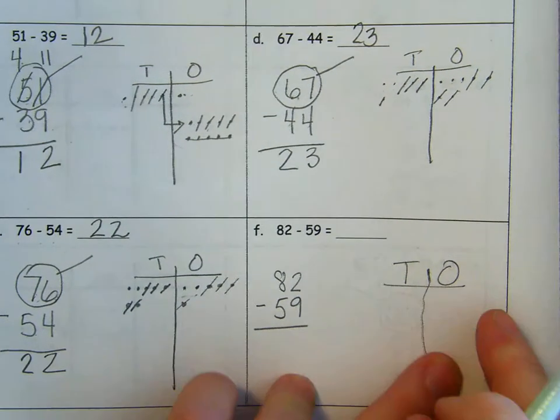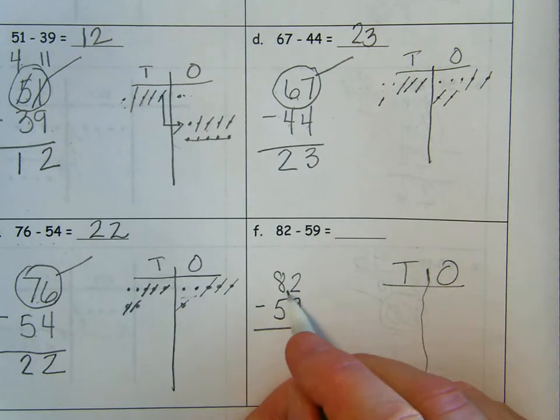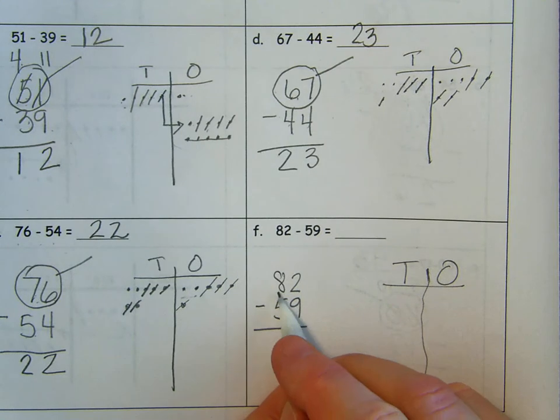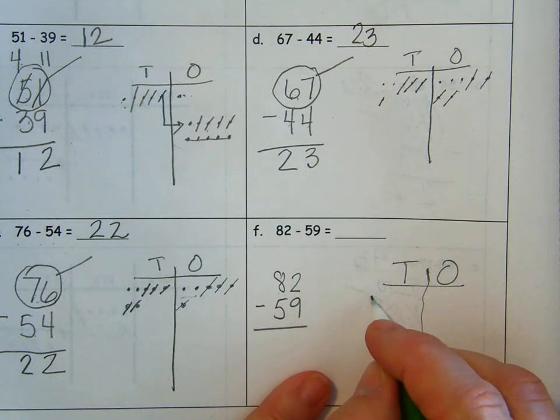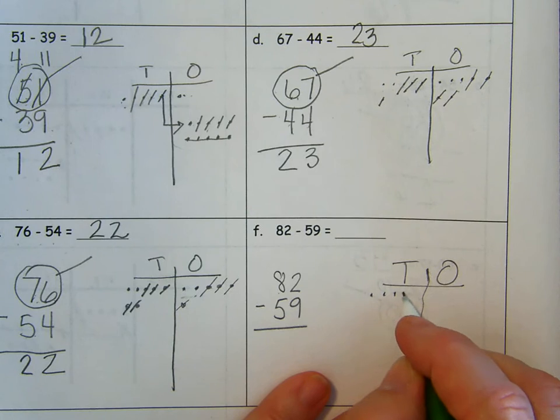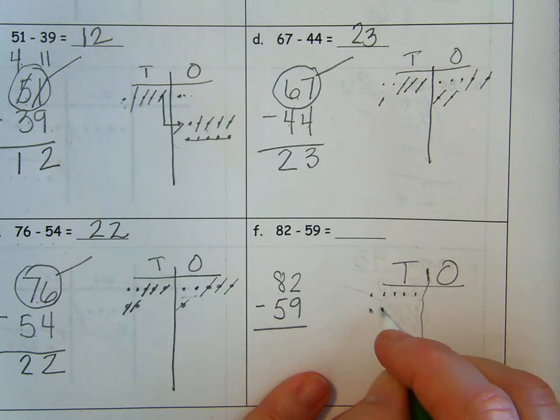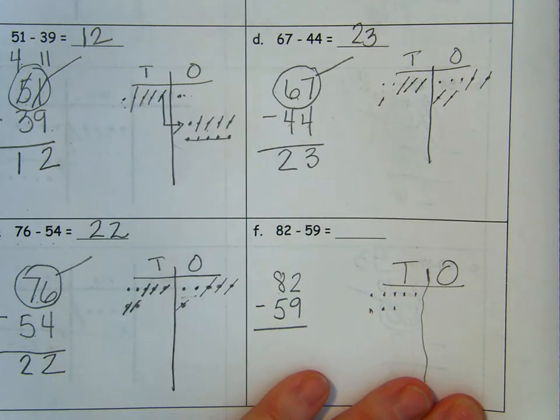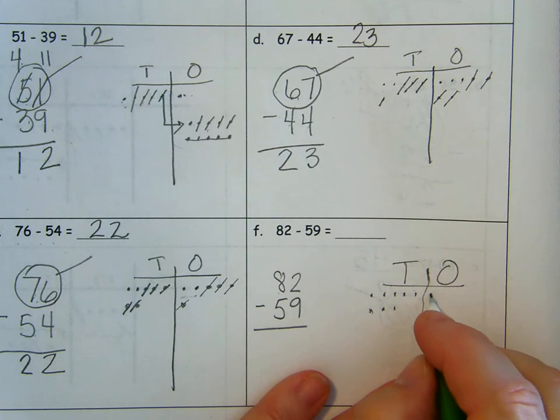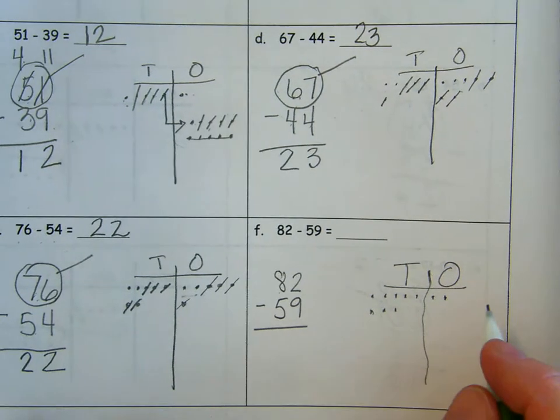I need to start by modeling 82. So that is 8 10s and 2 1s. 1, 2, 3, 4, 5, 6, 7, 8. And 2 1s. 1, 2.